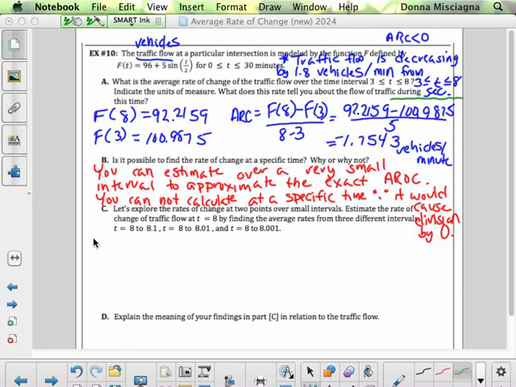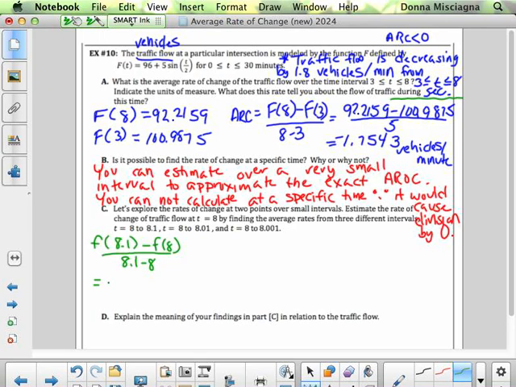So we have f of 8.1 minus f of 8 divided by 8.1 minus 8, and that equals negative 1.586. When we're calculating these, please do write the formula, because that says what it is you're doing. It gives meaning to these values.